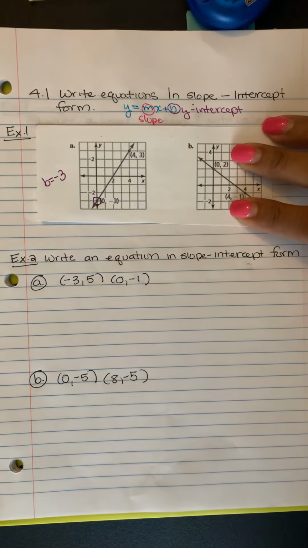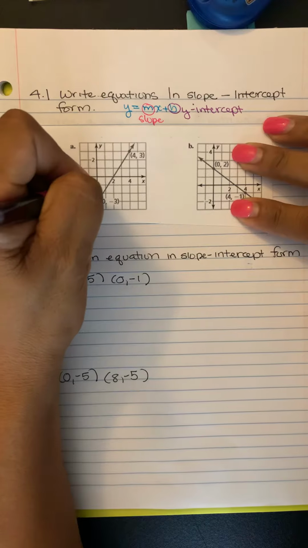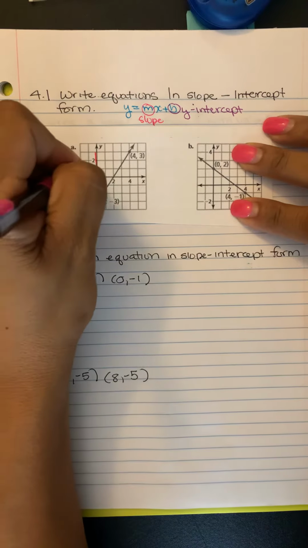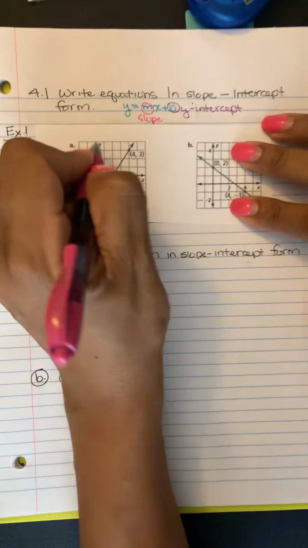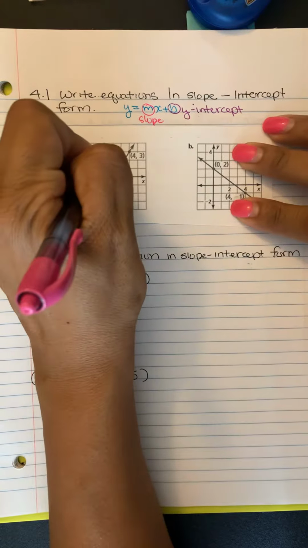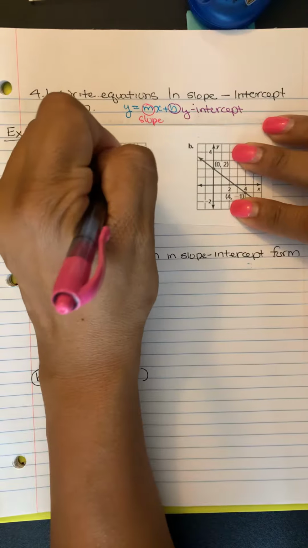So I'm just going to count. I'm going to count how many units I'm rising. So 1, 2, 3, 4, 5, 6. So this is +6. And I'm running it to the right. 1, 2, 3, 4. This is +4.